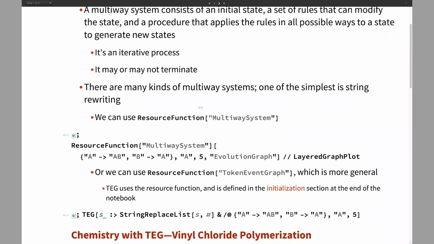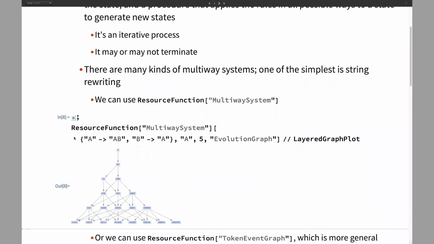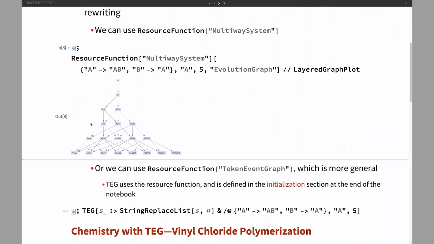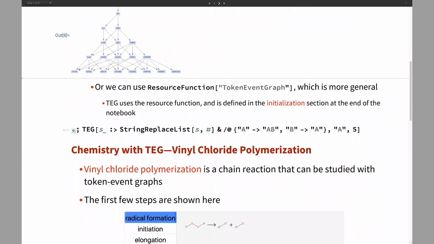Okay. So we can use the multi-way system. You've probably seen these string rewriting systems before. Stephen has been using them in the physics project. And we can do the same sort of multi-way system using the token event graph function. The token event graph function is more general. You get to specify the rules you need to use as well as what they work on.